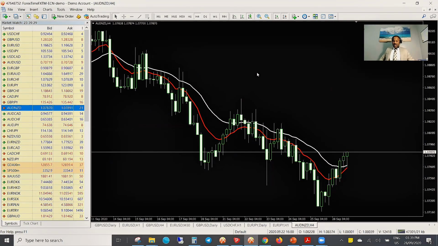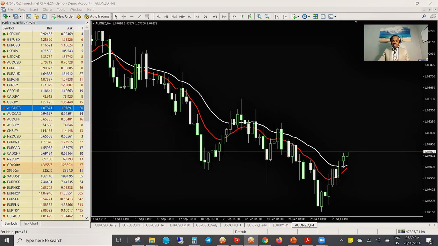This is AUD-NZD-H4. And you see the moving average 10 is about to cross upwards above the moving average 20. Just stay close and watch what's happening.